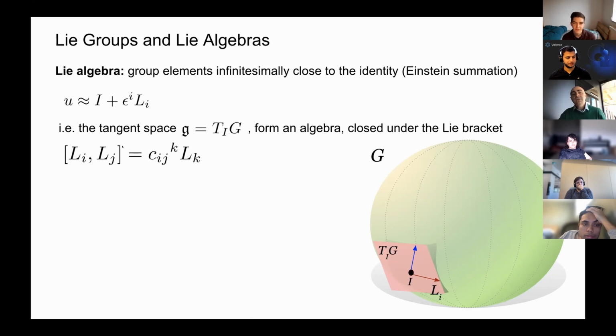So under this commutation operation, these matrices are closed. And when they are closed under a bracket like this, they're said to form a Lie algebra. The coefficients that define how these things are related to each other are called the structure constants of the Lie algebra. And they differ from one group to another.